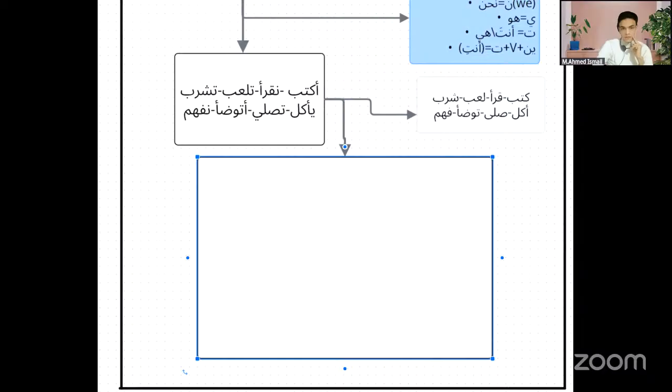The same thing, تتوضئين: ta at the beginning, and this ta is the original ta. For this reason we say tata, because the فعل أتوضأ has ta in it. So we say تتوضئين with ya and nun, and تقرأين with ya and nun also. This ya should be read, by the way.